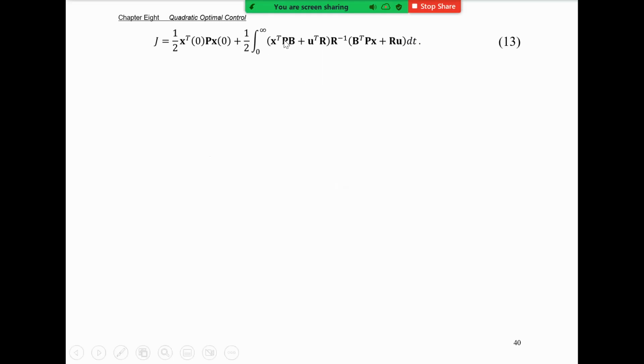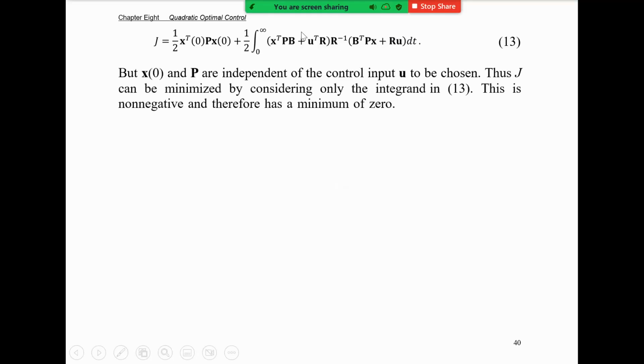And this is a vector, and those two vectors are the same, just one is the transpose of another. Because this is a quadratic form, we know this whole thing is positive, because R is a positive definite matrix.